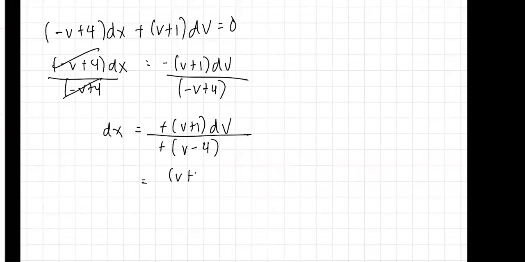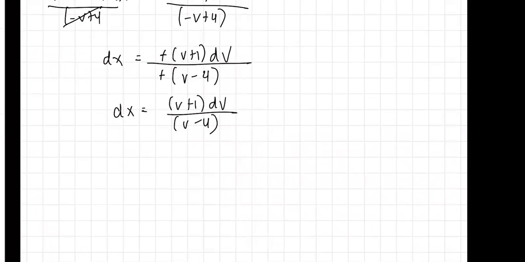So we have dx equals negative (v plus 1) dv over (v minus 4). Then para magkaroon tayo ng v minus 4 sa taas, kailangan by algebraic manipulation. So we have v minus 4 plus 5 para maging positive 1 ulit siya.